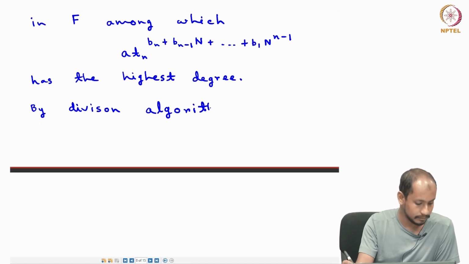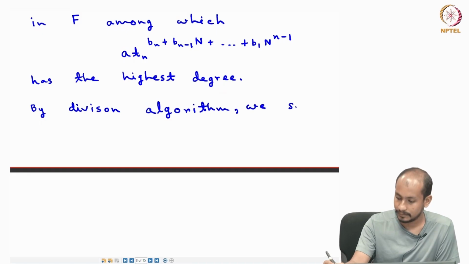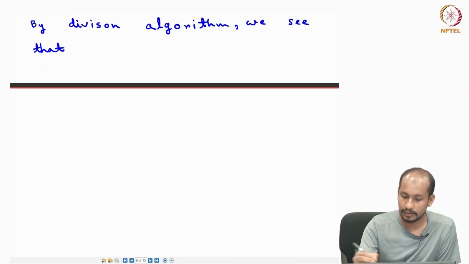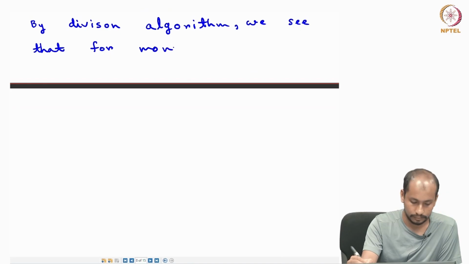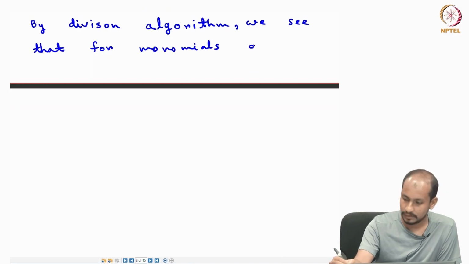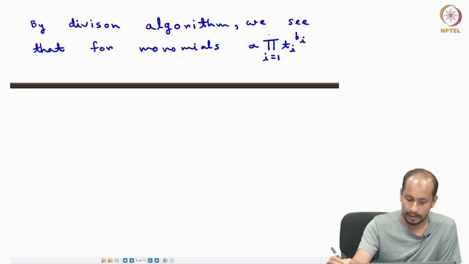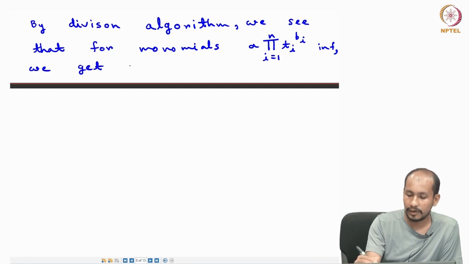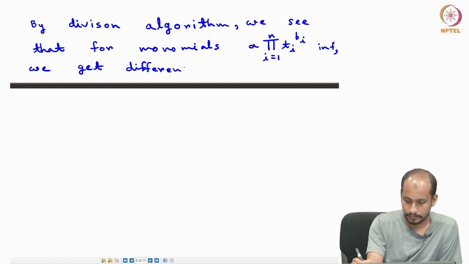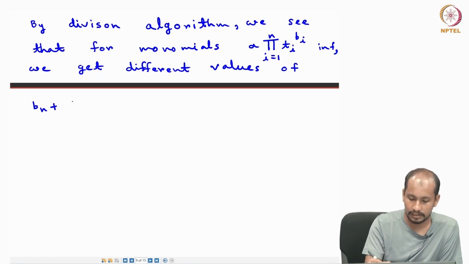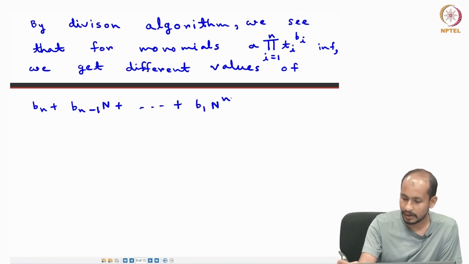By the division algorithm, we see that for different monomials, say a times the product ti to the power bi, i runs from 1 to n in f, we get different values of bn plus bn minus 1 times N up to b1 times N to the power n minus 1.